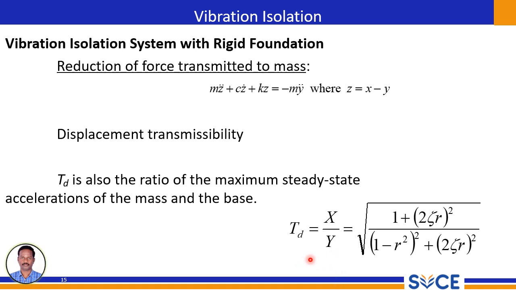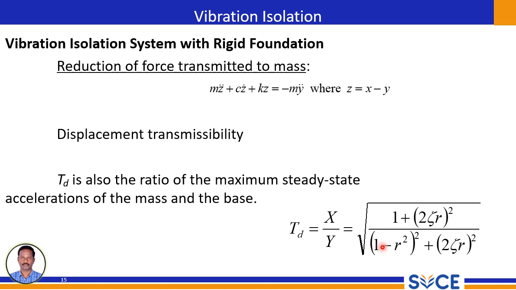Displacement transmissibility is directly related to the acceleration transmissibility. Minimizing displacement transmissibility also minimizes acceleration transmissibility, which is often crucial for protecting sensitive equipment. What is the key takeaway?